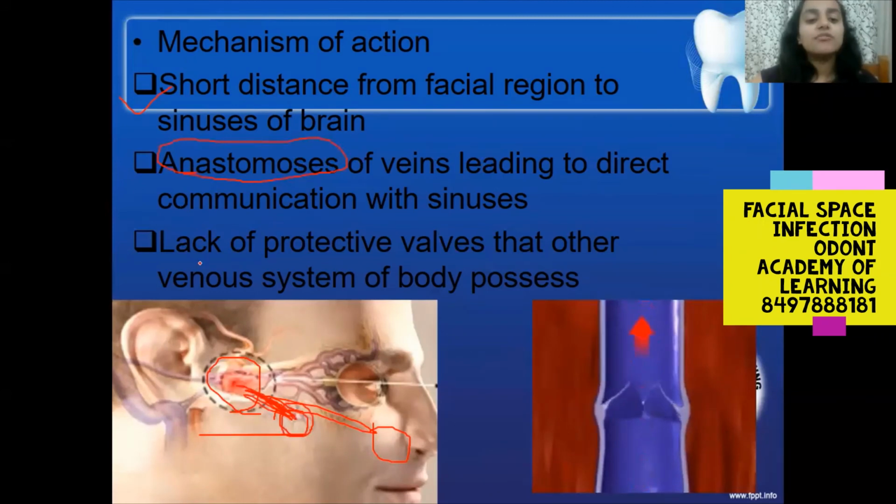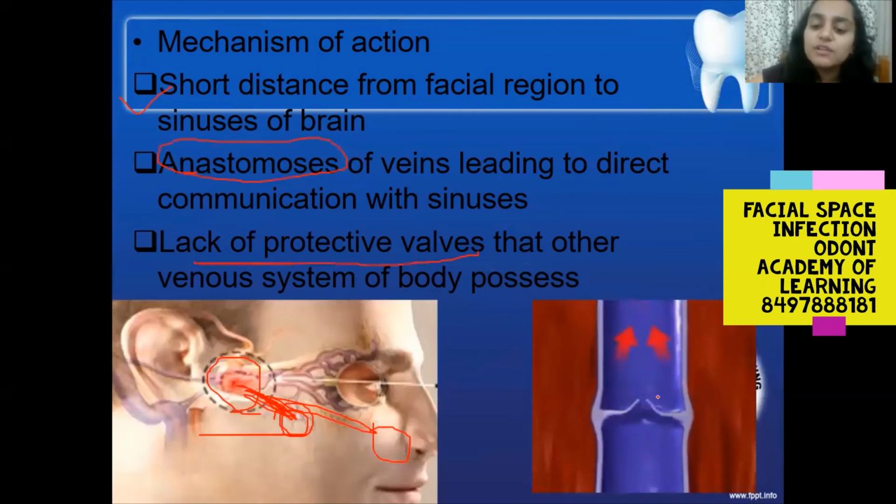Second is lack of protective valves. As you can see in this photo, we have valves on the vessels which prevent the backward flow of the infection or the blood. In this case, they are all valveless, so there is not unidirectional but bidirectional flow.